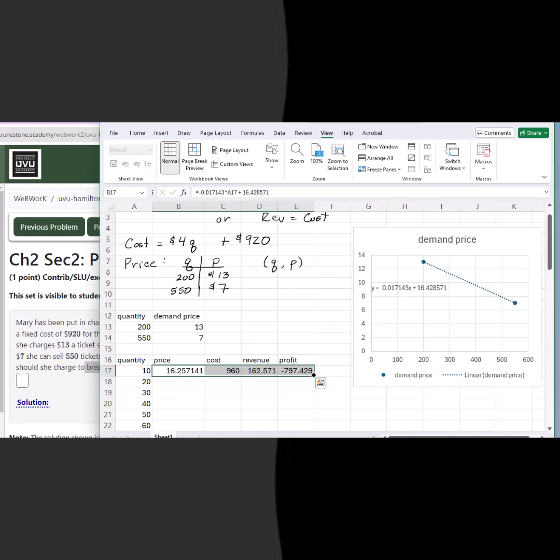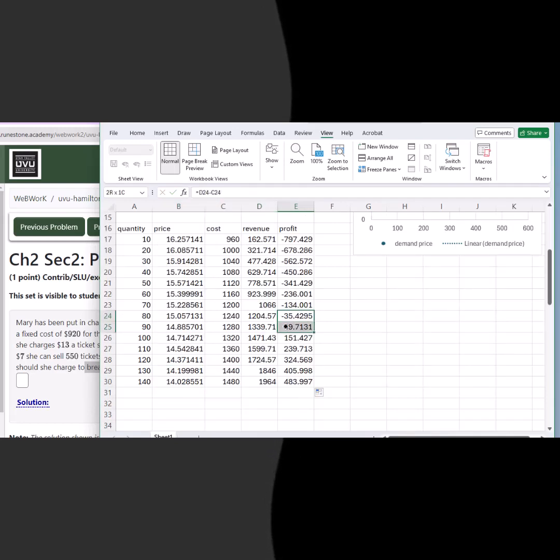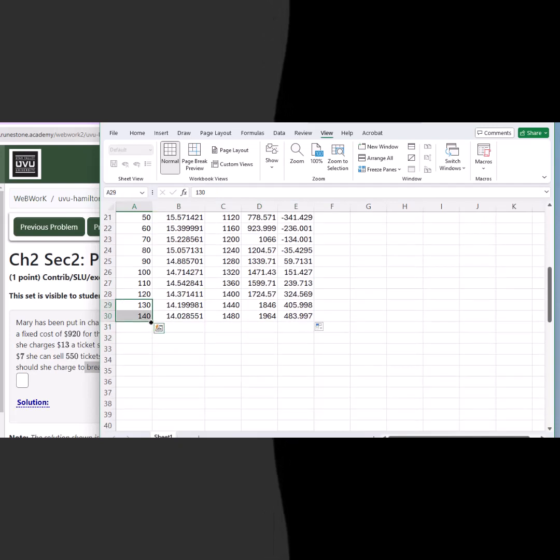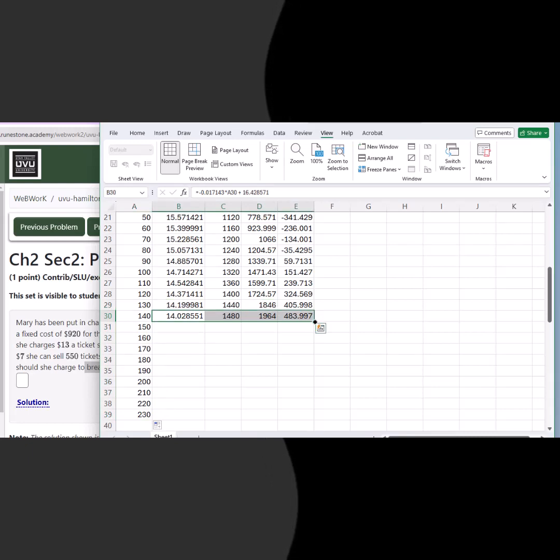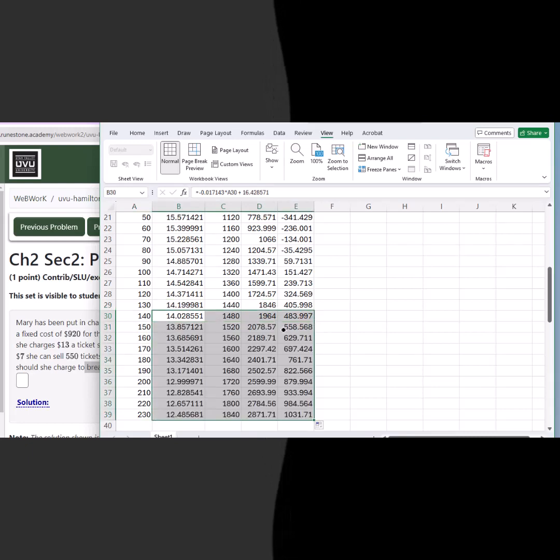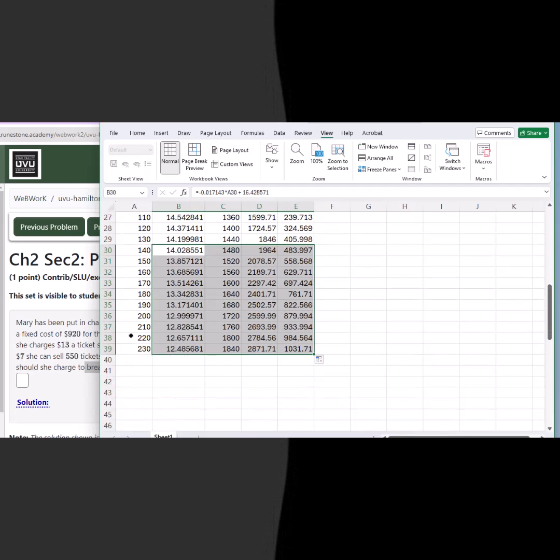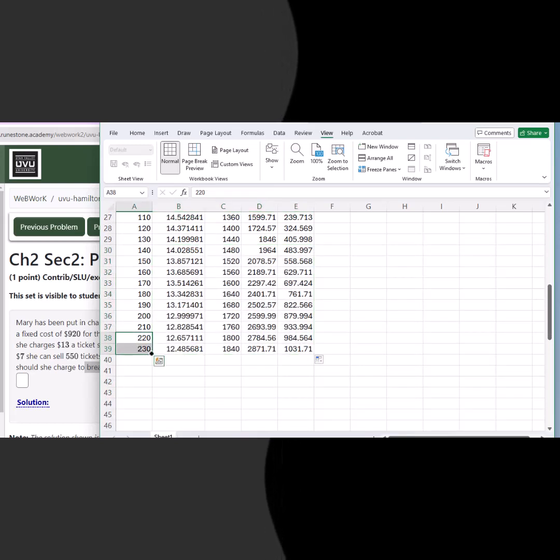Copy those down. I see my first break-even point here between 80 and 90 because the profit goes from negative to positive, but I don't see another break-even point. So I'm going to create more data, copy my formulas down. Oh, profit is still going up, so I can create more data.